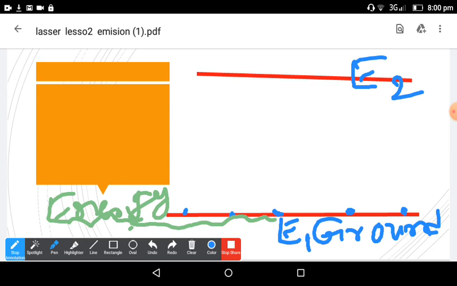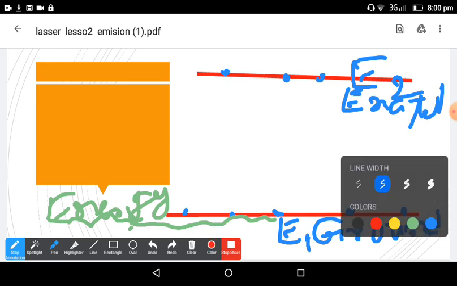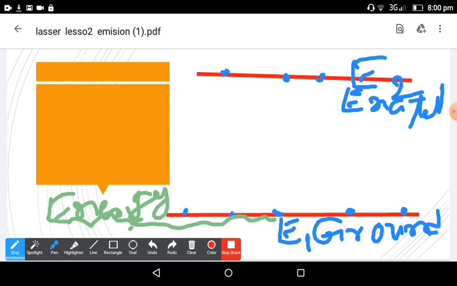This is the excited level of the atom. And some of the atoms are here. Between E1 and E2, between these two levels, this is the excited level, and this is the ground level E1. Between these two, there may be some other energy levels.